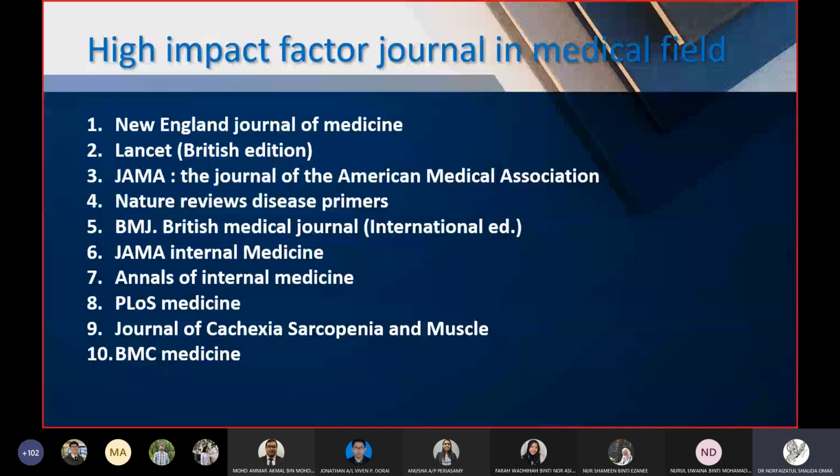Well, the higher the impact factor, the more expensive it becomes. So the university can only afford the BMJ, but I'm not sure now with the current pandemic whether they continue the subscription or not.